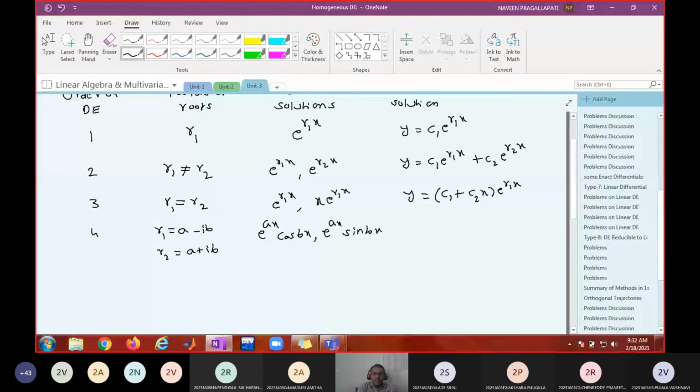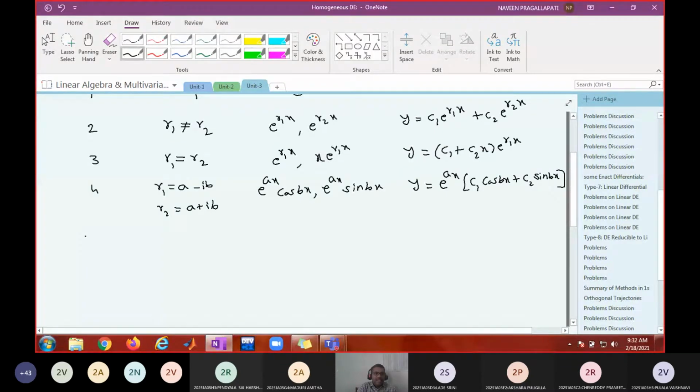Y equal to e power ax into some arbitrary constant. That arbitrary constant I am calling C1 in order to have a similarity. C1 cos bx plus C2 sin bx. So next one, let us consider.